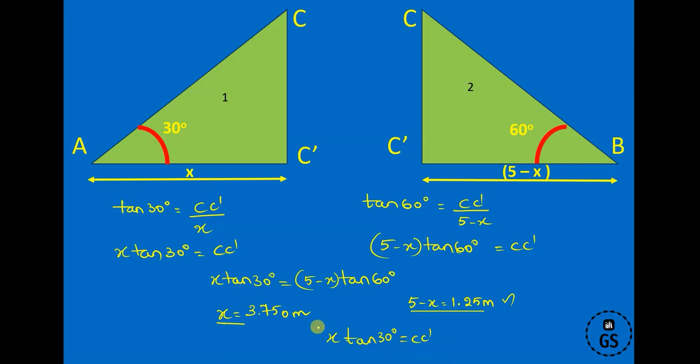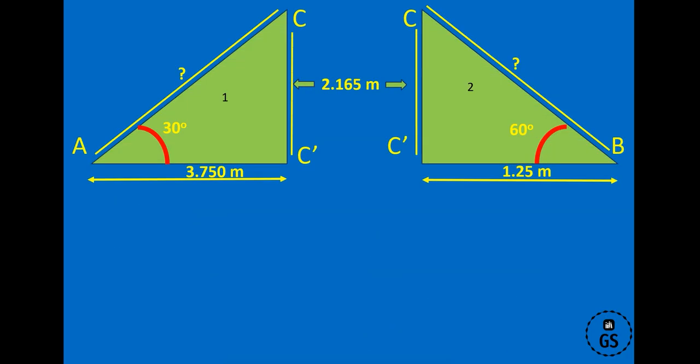Substituting the x value, 3.750 into tan 30 degrees, we get CC dash as 2.165 meters.